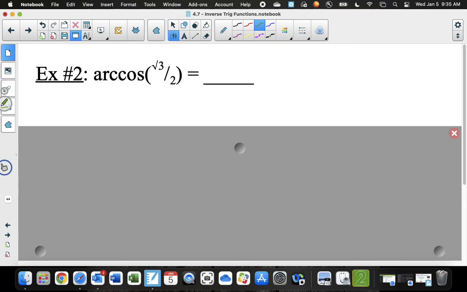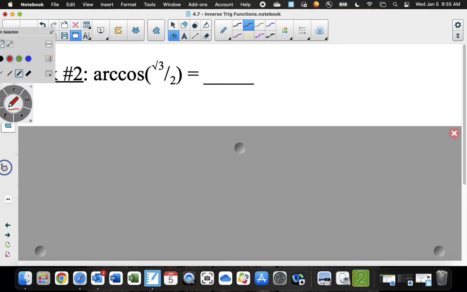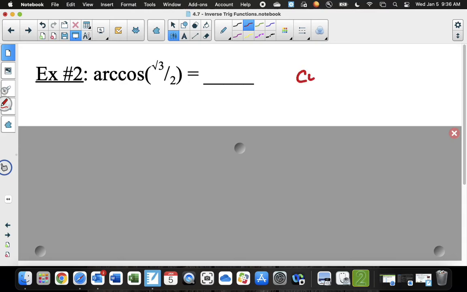All right, so again, let's take a look at a couple of examples. Once again, here's what example 2 is actually asking you. When I say what's the arc cosine of square root of 3 over 2, I'm asking what's the inverse cosine, which means the problem really says the cosine of what angle equals square root of 3 over 2. What's the angle measure?